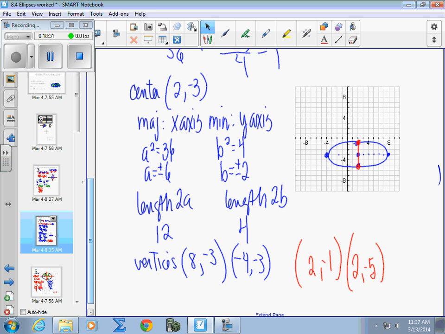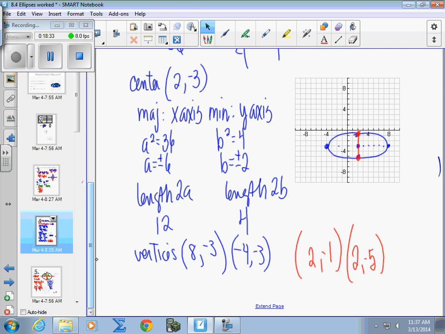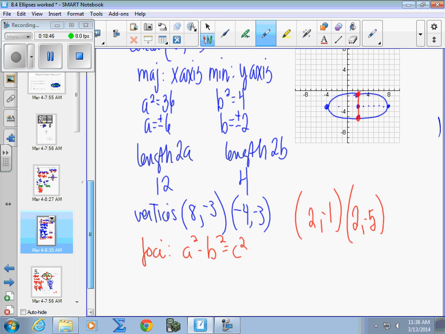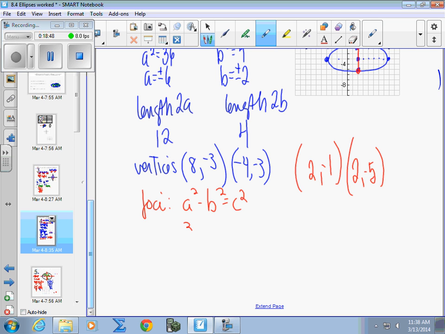The next thing we need to find is the focus, or foci. In R2, A squared minus B squared is equal to C squared. So we know that A squared was 36. We know that B squared was equal to 4.